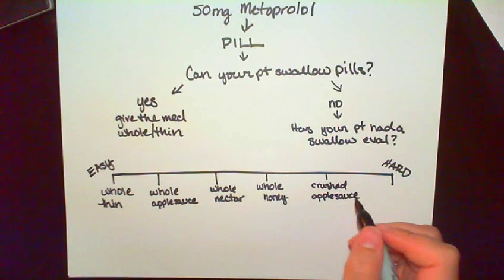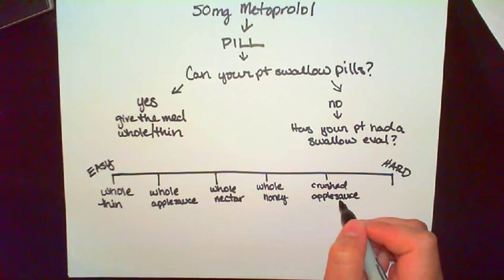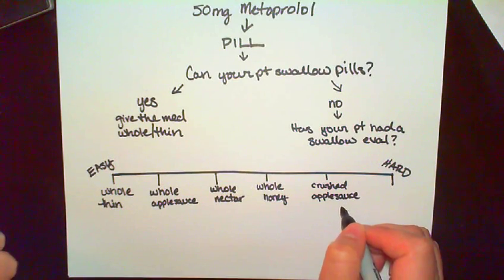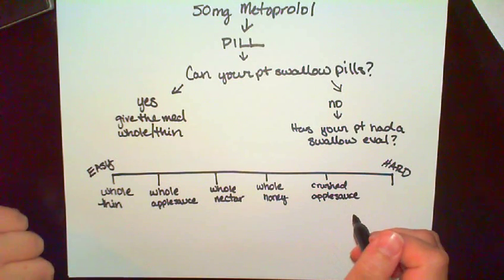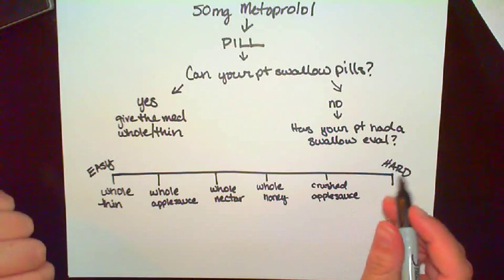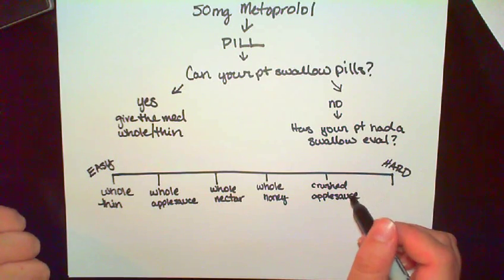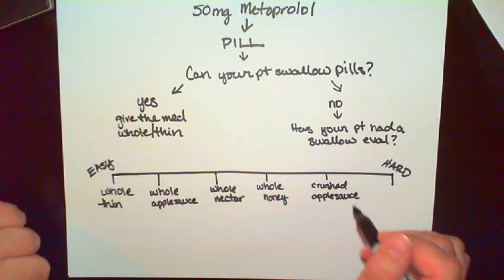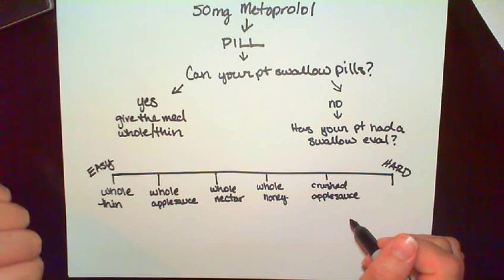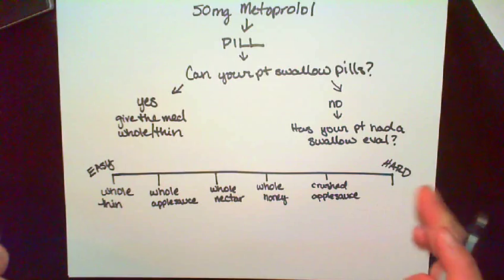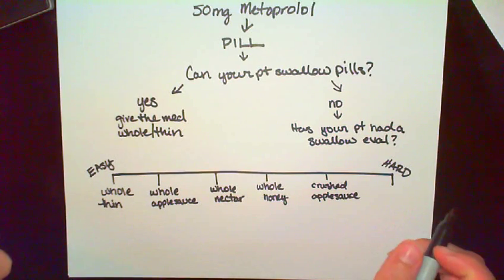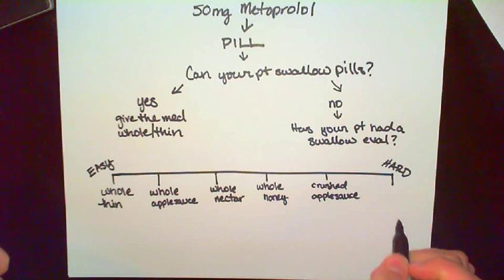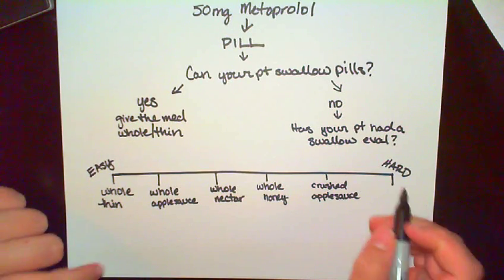And this means that you're going to take the pill, put it in your little pill crusher, mix it in with about a teaspoon of applesauce, maybe 2 teaspoons if it's got a very bitter taste, which most medications do. Spoon it back out and give it to your patient. Make sure you do not mix it with an excess amount of applesauce, because then you're going to be feeding the entire amount of applesauce to patients and they get full quickly.